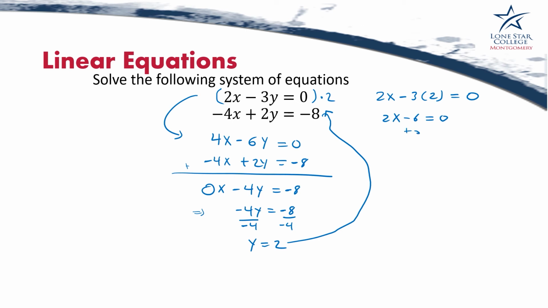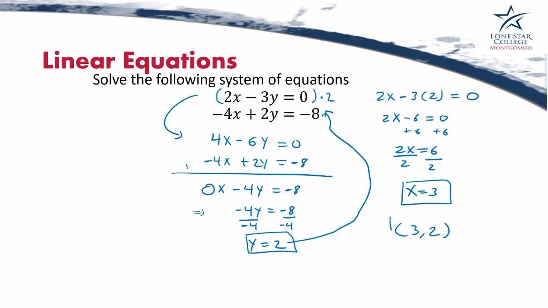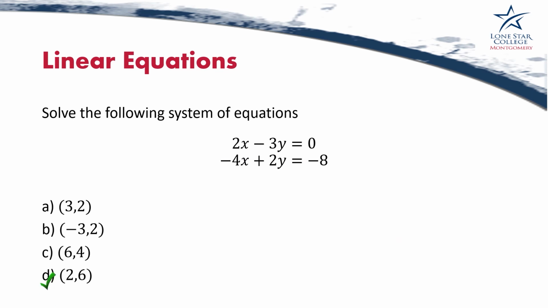Add 6 to both sides. Divide by 2 to get x by itself. So x has to be 3. So that's our x, that's our y, and they usually write it as a coordinate, so it'd be (3, 2). That would be our solution set, which is answer choice A.